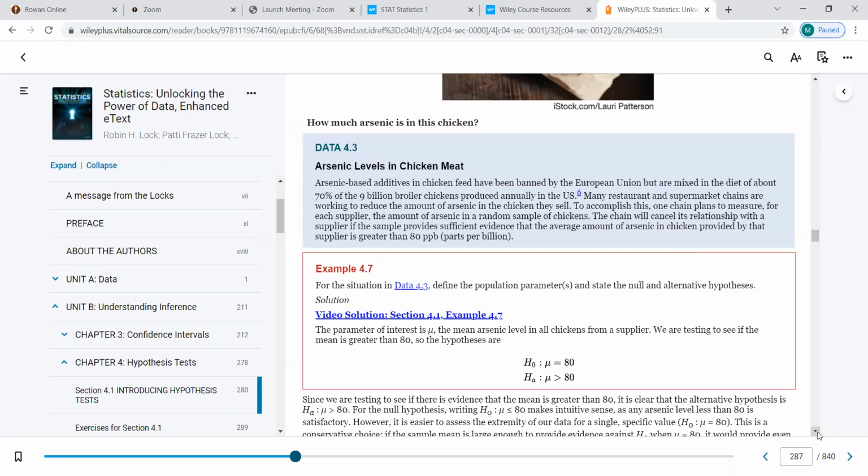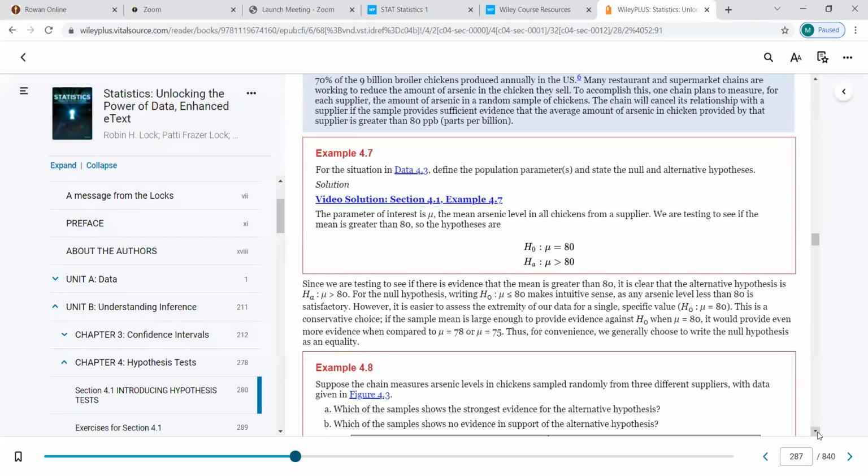All right, that's the whole idea. Anyway, this is one way of writing the null and alternative hypothesis here. We use mu, the population mean, and then we set up the null and alternative hypothesis.